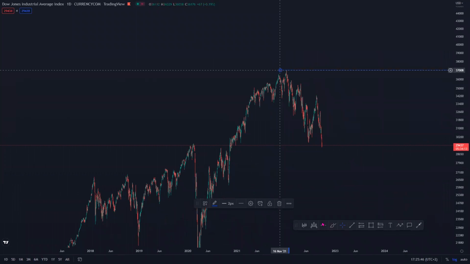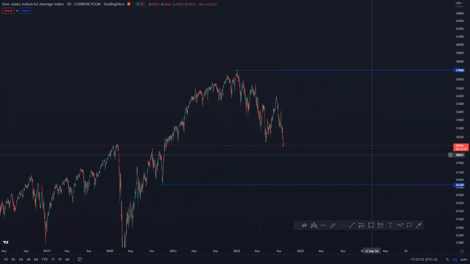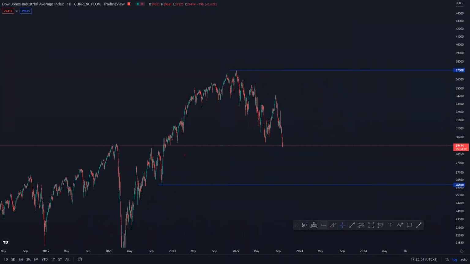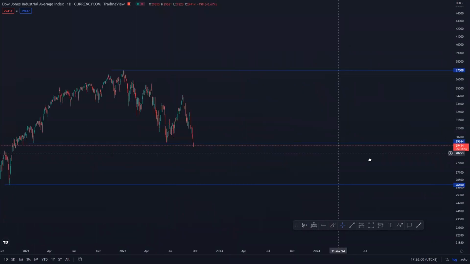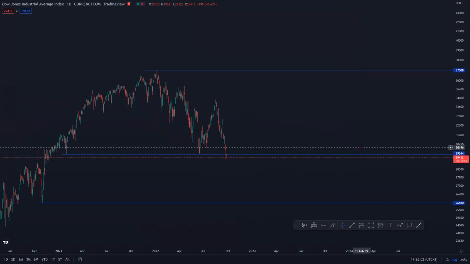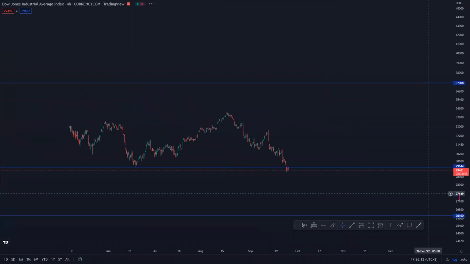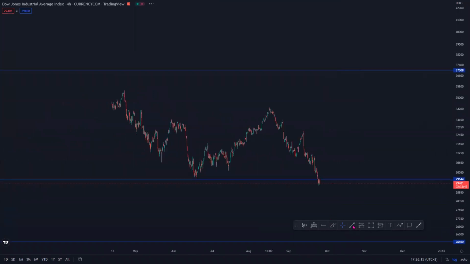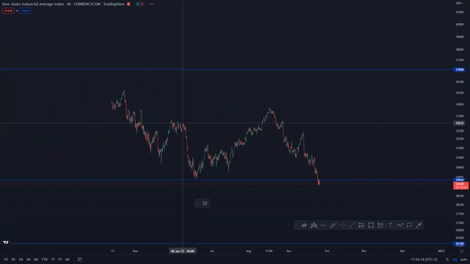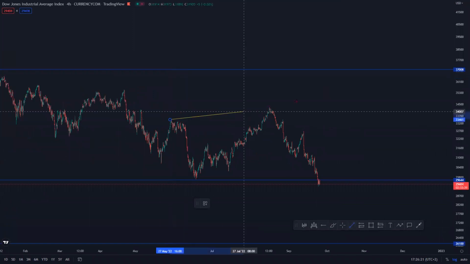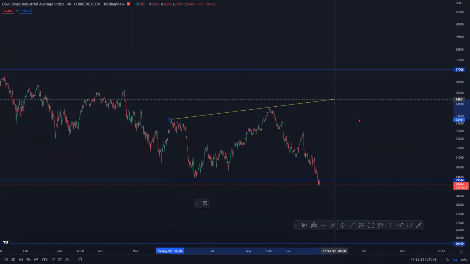Our highest high, we have a low here, and we were having another low around the zones around here. Let me go to 4 hour to see what's popping. And remember, guys, when you draw your trend lines, you don't force anything.